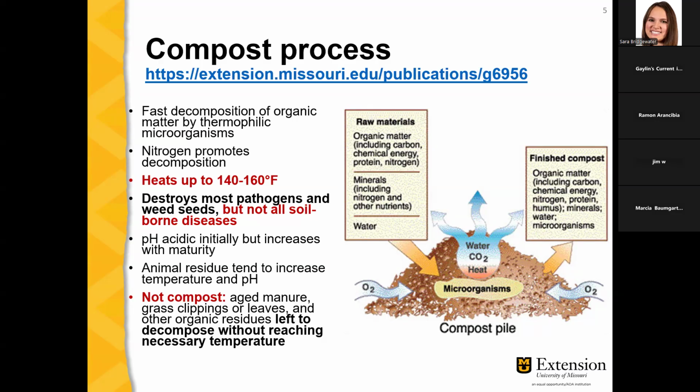Grass clippings or leaves and other organic residue left to decompose without reaching the necessary temperature are not compost. So that's the big difference between decomposition and compost: the temperature that needs to be reached to kill most of the pathogens and microorganisms that are not only risky for humans, but also for the plant.